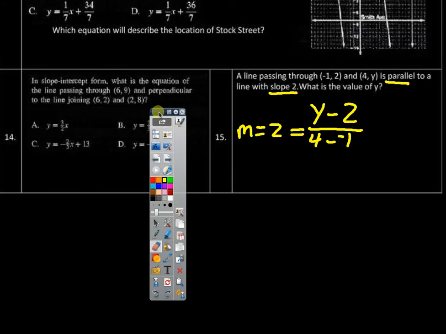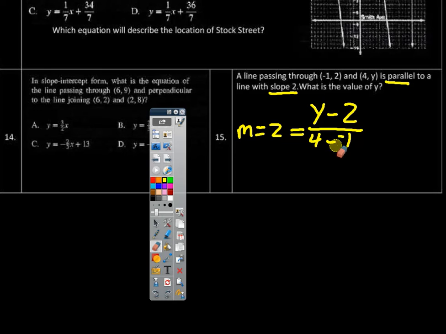All right, so now we need to solve for y. How do I do that? I don't know what's going on. I don't know math. That's fine. So do your PEMDAS. There's no parentheses, there's no exponents, no multiplication. Well, there's division going on, but what we've got here is this y minus 2 divided by this.